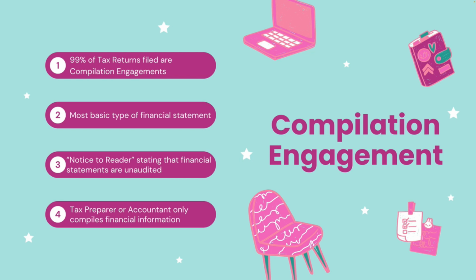This is a page or two, and it will say, whoever is reading this, just so you know, these statements are unaudited. They haven't been verified for accuracy. We've compiled the information based on what the client has provided, and summarized it into this profit and loss, balance sheet, cash flow statement, etc.